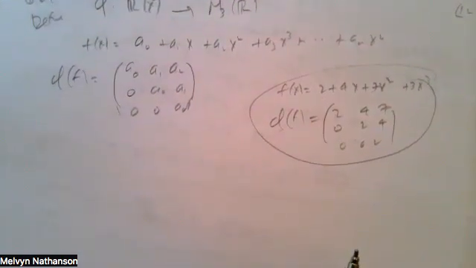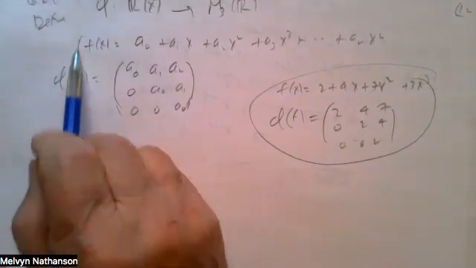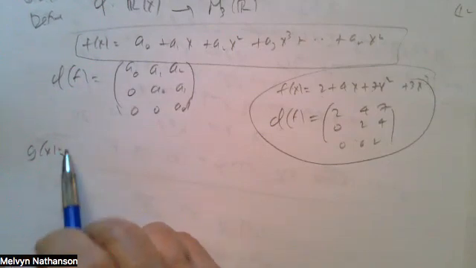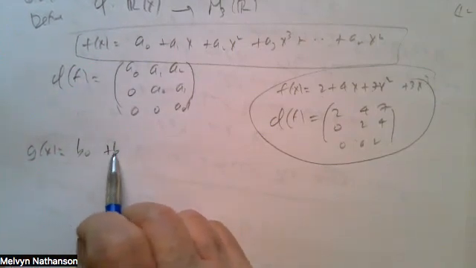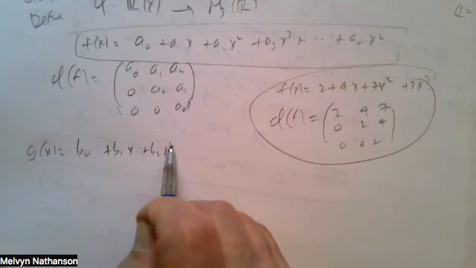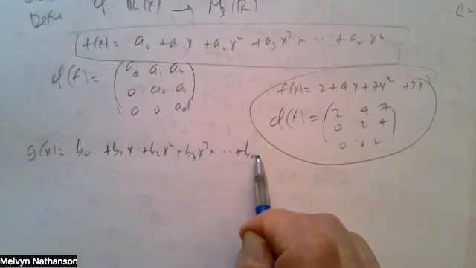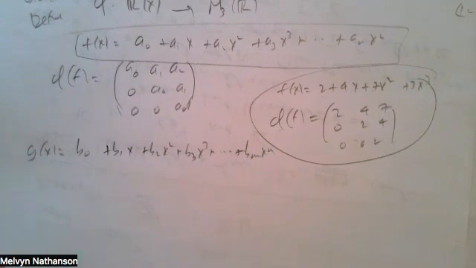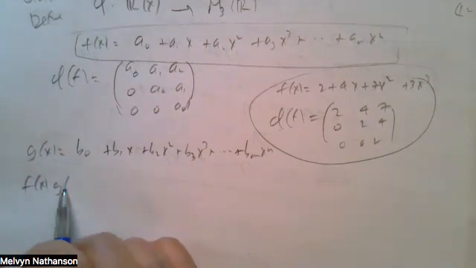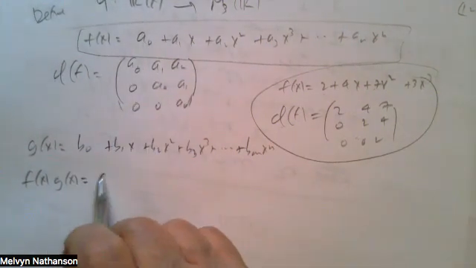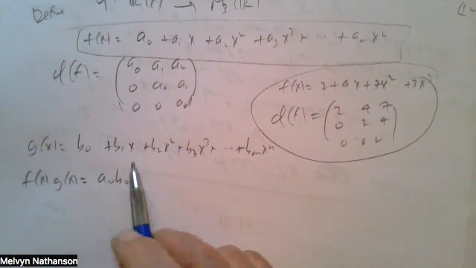Why is this a homomorphism? Let's just check multiplication. So suppose this is f of x, and suppose g of x is equal to b0 plus b1x plus b2x squared plus b3x cubed up to some b sub m x to the m. If we multiply f of x times g of x, what do we get? Well, you have to be able to multiply polynomials. The constant term is A0, B0.